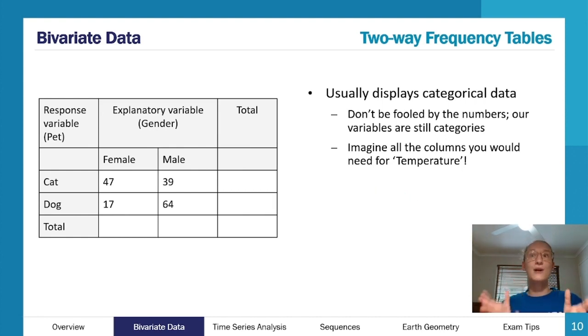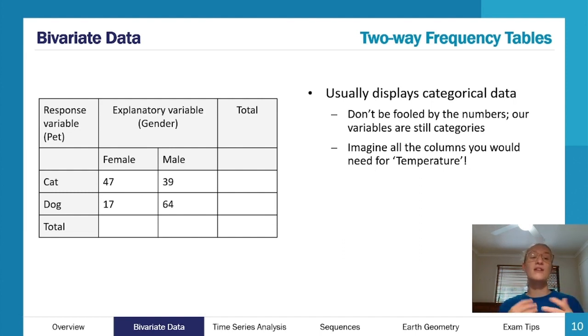Because numerical data is continuous and ongoing, I could have almost an infinite amount of rows and categories, which is not a helpful way to represent our data. But when we're looking at categorical data, remember that's our discrete number of limited categories, so it's actually a really nice way to represent this data.